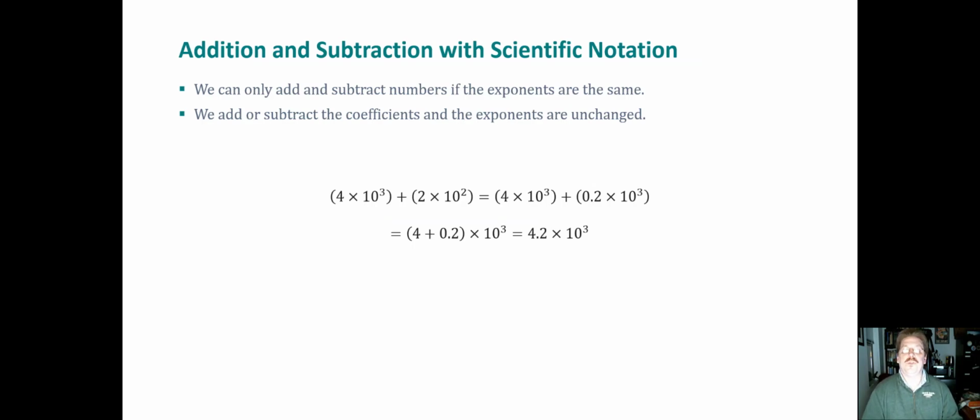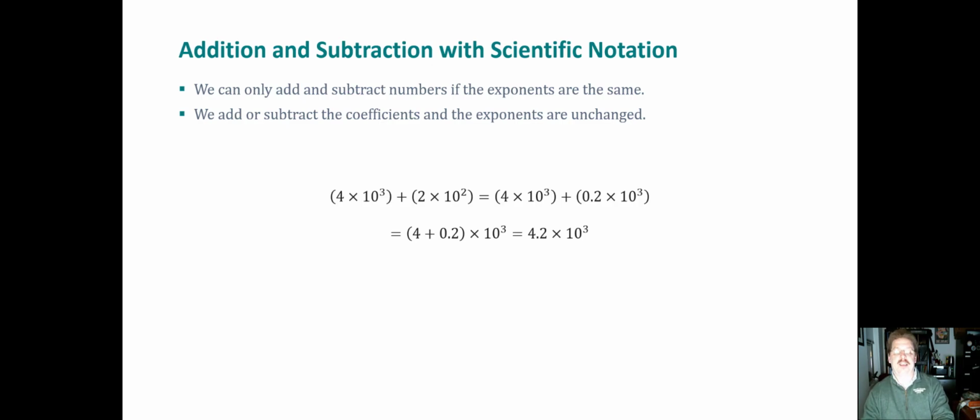Now, when you are dealing with addition and subtraction, what you need to do is get the powers of 10 to the same power. For example, you have 4 times 10 to the 3 plus 2 times 10 to the 2nd. You have 10 to the 3 and you have 10 to the 2nd.